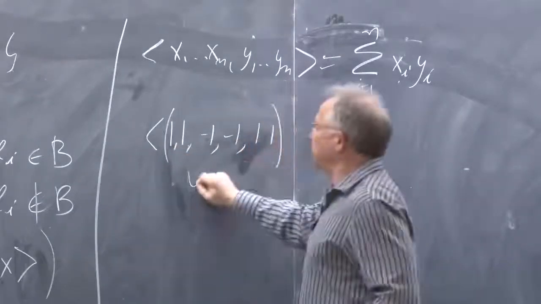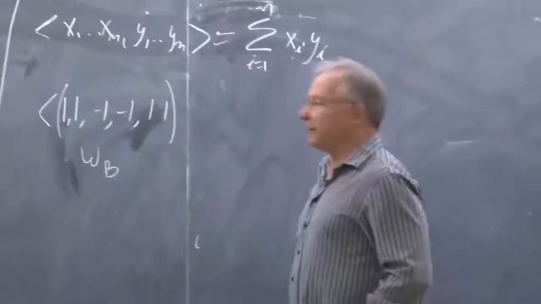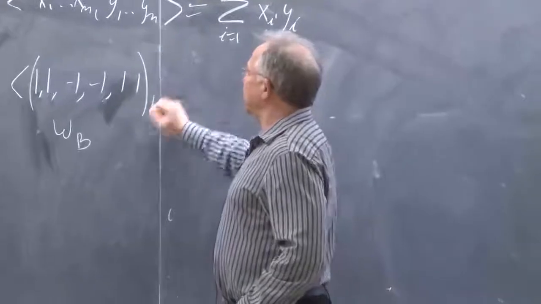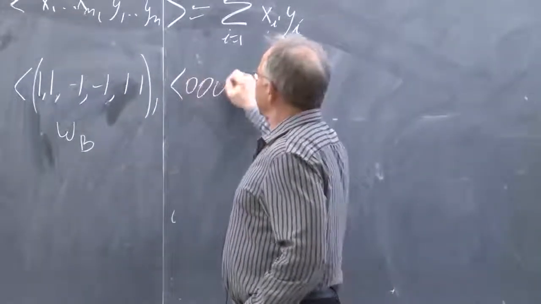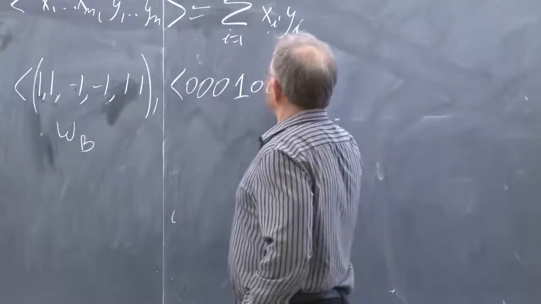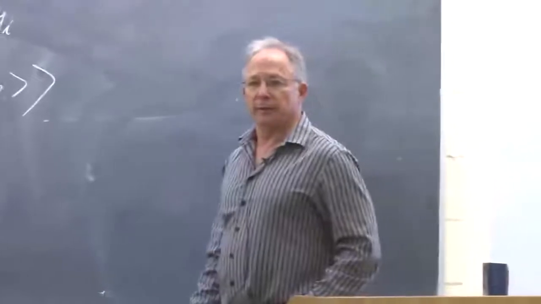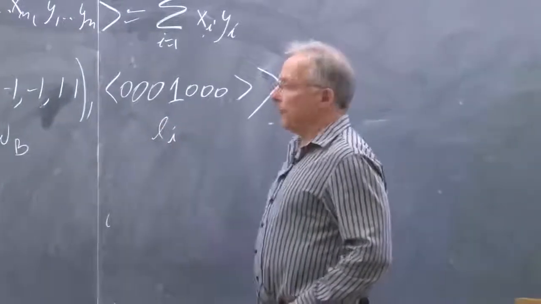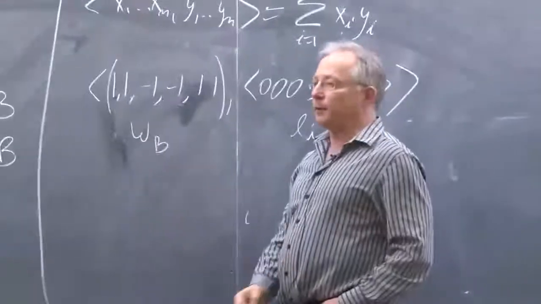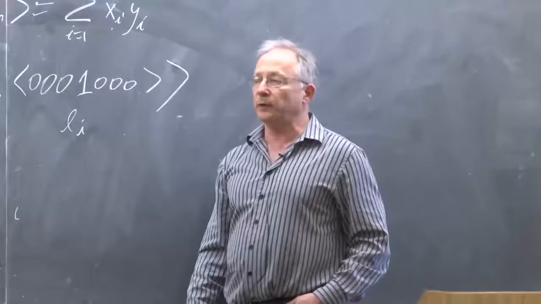That's the vector WB. It is 1 inside B and -1 outside B. And I take the dot product with some vector Ei, which is 0, 0, 0, 1, 0, 0, 0, and so on. So what will be this dot product? If I take a vector Ei, and I take my weight vector WB, and I do the dot product, the inner product, what do I get? Yes?